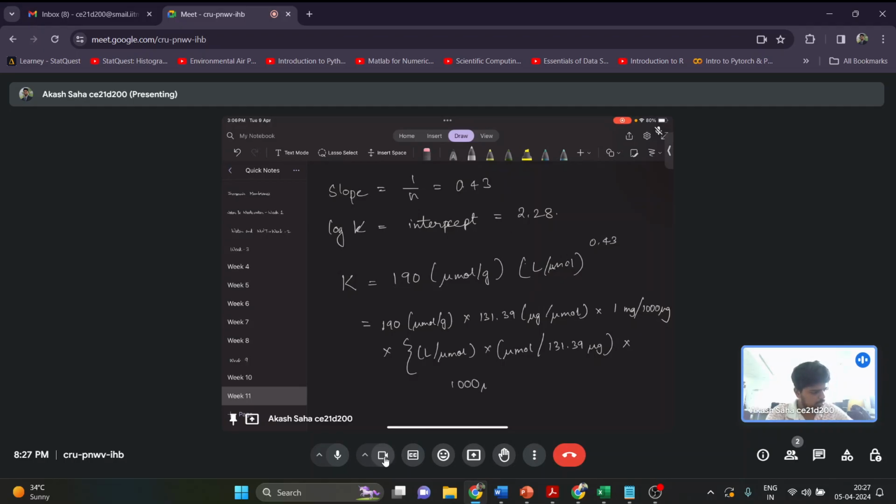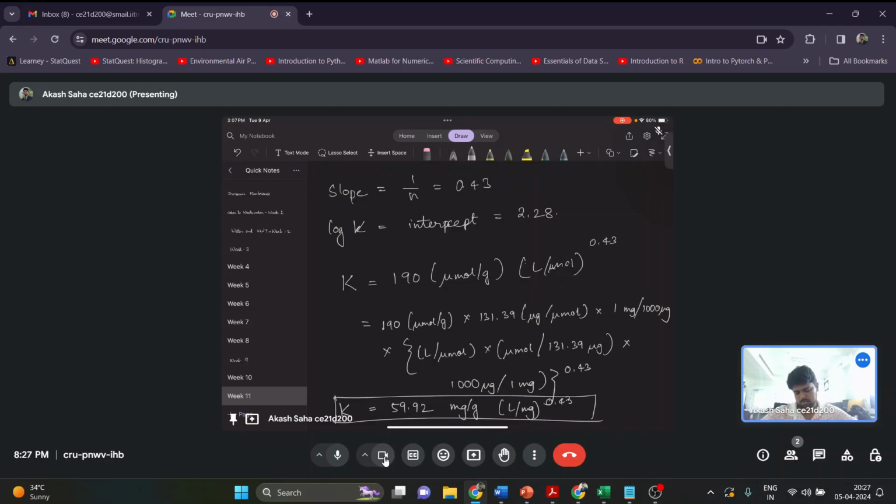So 1000 microgram per 1 mg to the power 0.43. Okay, so this is the whole K. So we'll get K finally as 59.92 milligram per gram, liter per mg to the power 0.43. So this is my final answer.